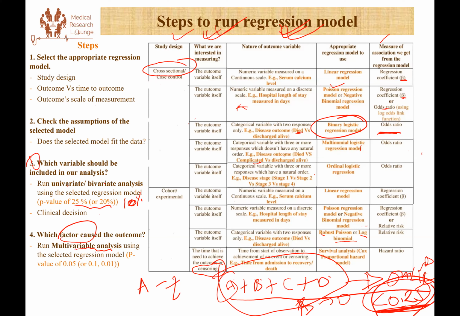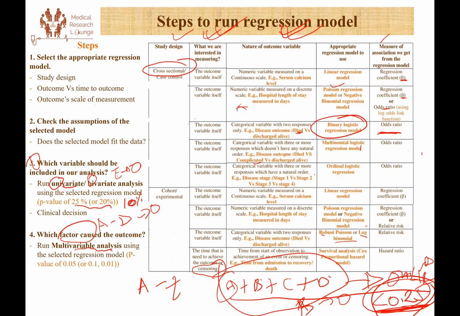In step 3, since we're doing one-to-one analysis, we call it univariate, meaning one exposure variable, or bivariate, referring to only one exposure and one outcome, just 2 variables. But in this case, we're going to include many variables, like let's say A to D, and we will try to see their effect on the outcome.